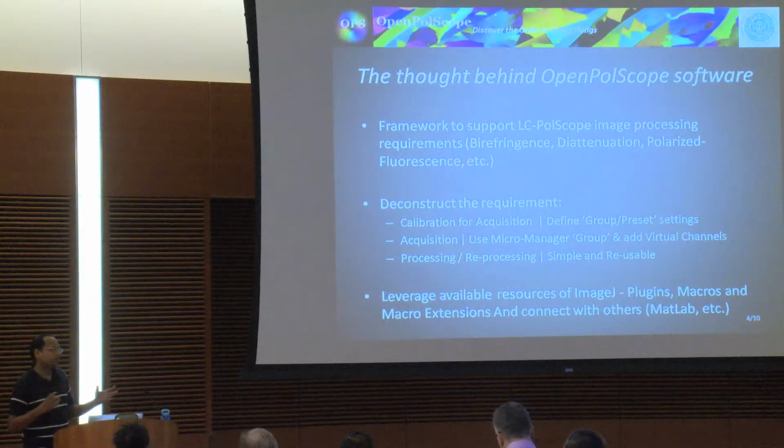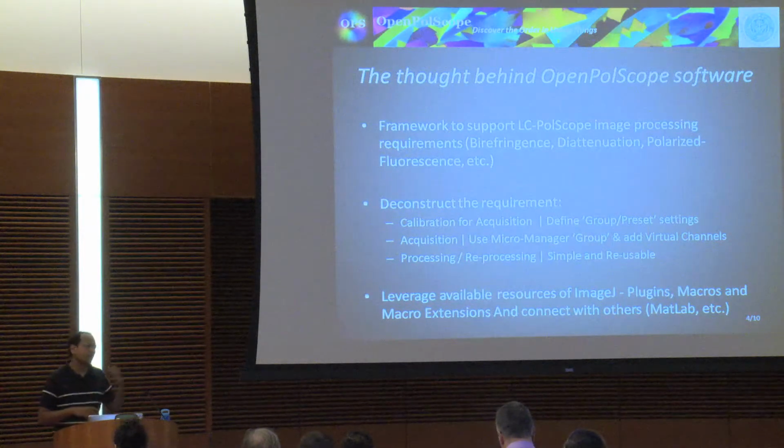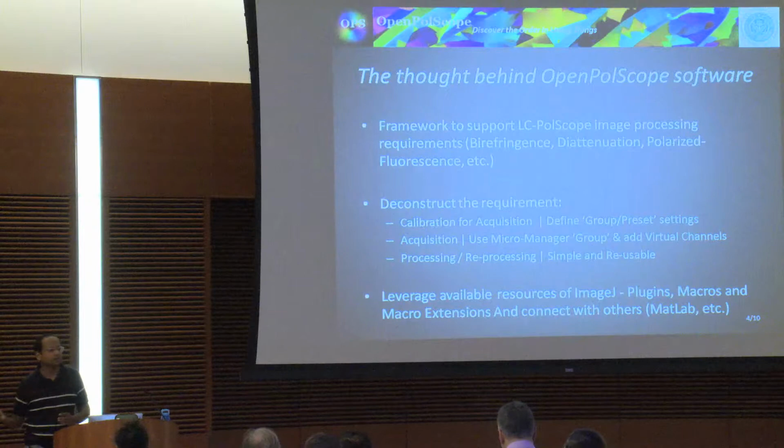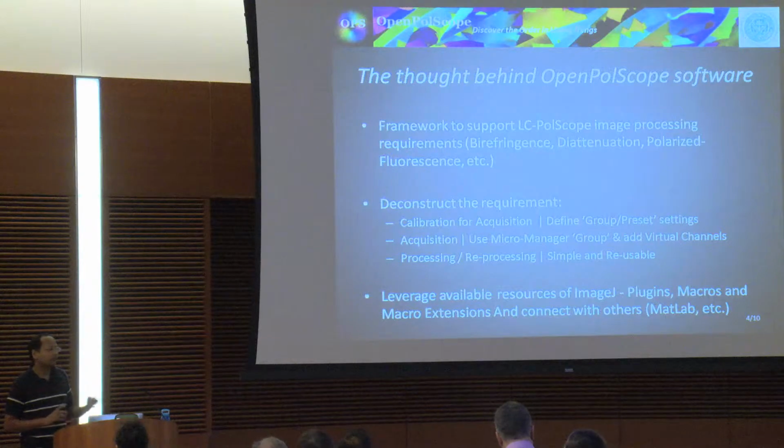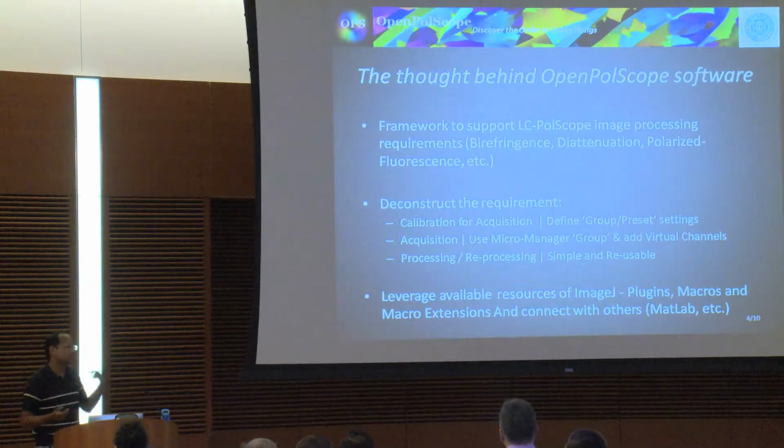So the mode plugin for polarized fluorescence says, I can work with an LC, but I can also work with a filter wheel device, and the framework takes care of all the other aspects because they don't change. We also leverage ImageJ features like macros and macro extensions, and provide pipelines so that if you wanted to do the processing in MATLAB, you can send the data to MATLAB using the MATLAB control library and then get the data back.